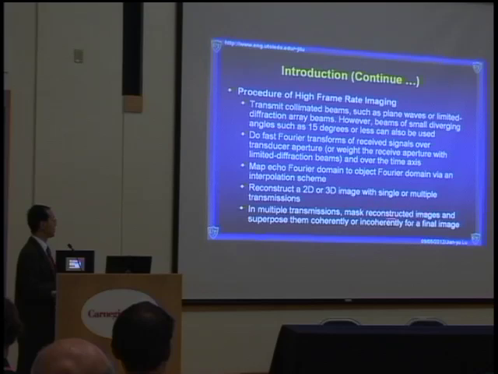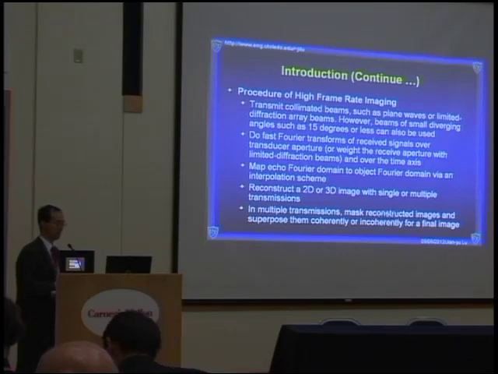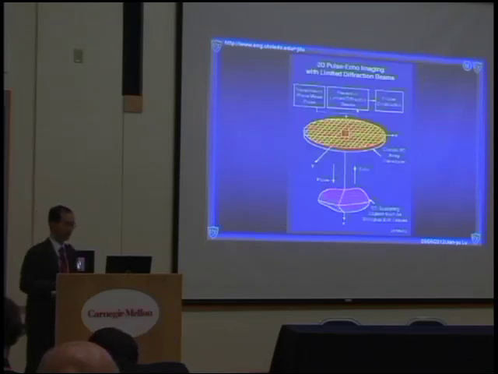Then we can use masks to reconstruct the image and superpose them coherently to enhance image resolution, or incoherently to improve the contrast, spectral contrast, for the final reconstructed images.